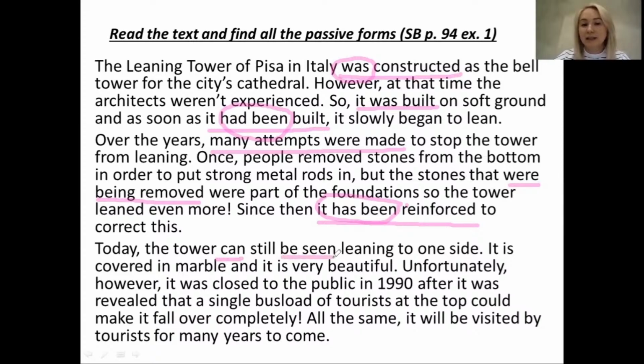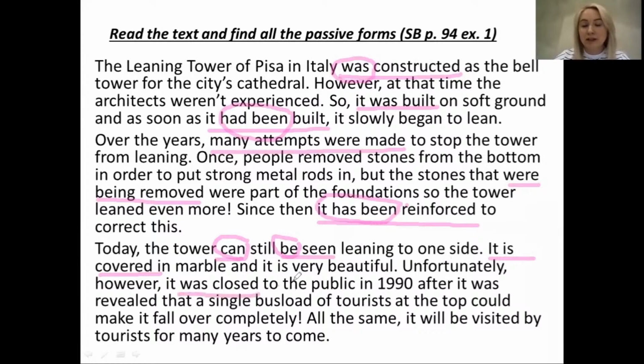"Can be seen". So modal verbs can also be used in the passive voice. You should put the modal verb plus be without to, and the past participle. The next one, "it is covered", and this is present simple in passive voice.